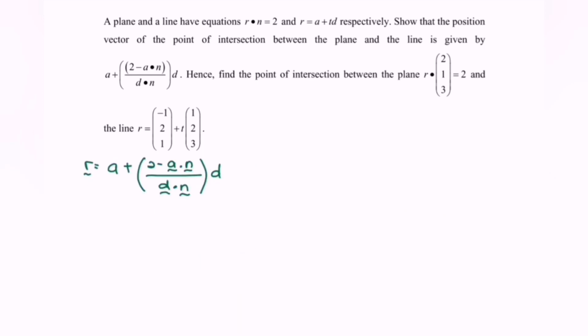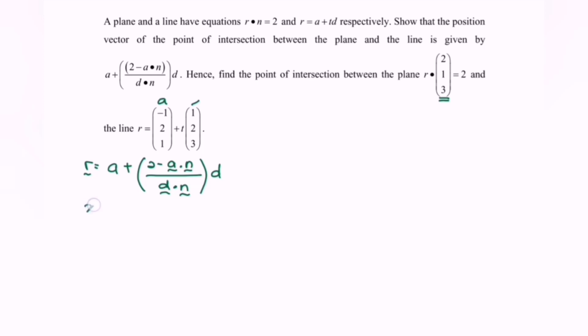Hence, find the point of intersection between the plane r dot n, where n is (2, 1, 3), and the line where a equals (-1, 2, 1) and d equals (1, 2, 3).